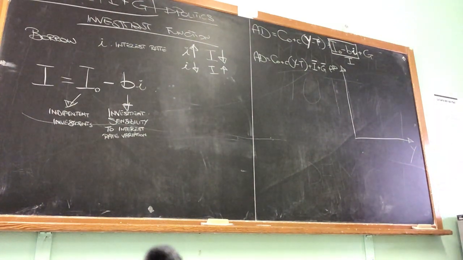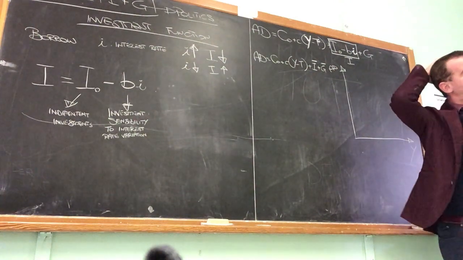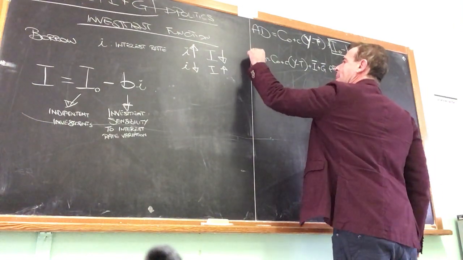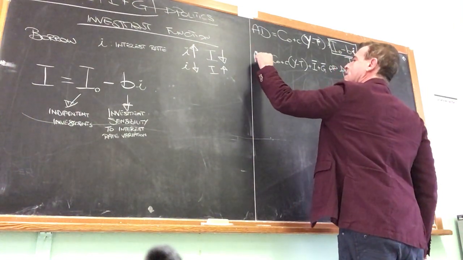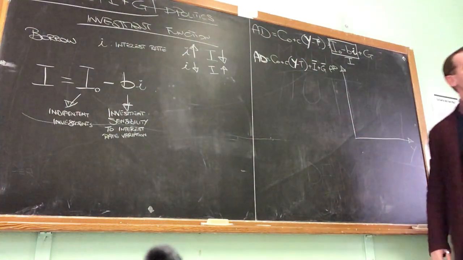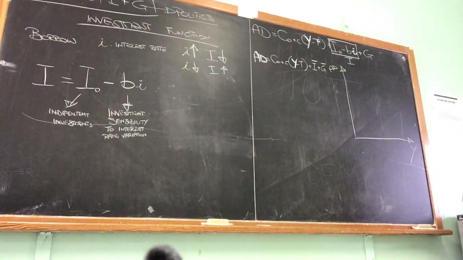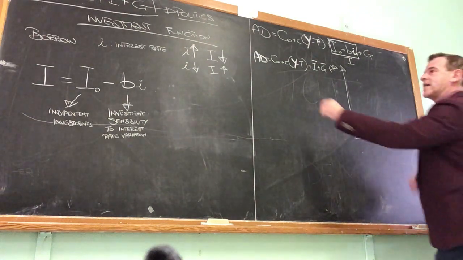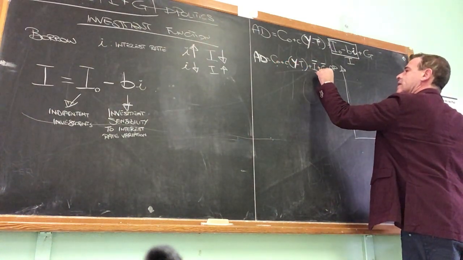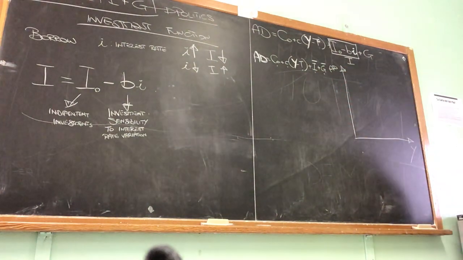So, now I will do it for you, but try to do it also by yourself, knowing that our 2 unknowns are aggregate demand and income, and that this and this are numbers.